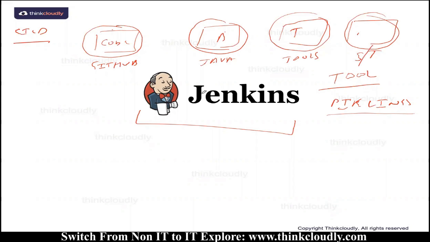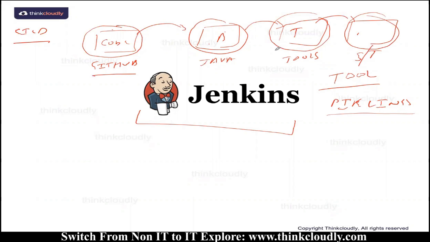Jenkins gives you a way so that you can create this whole pipeline. In Jenkins, you configure that you have to pull the code from GitHub. You have to pass it on to Java build. After that, you have to pass it on to testing. You have to pass it on to the deploy stage.